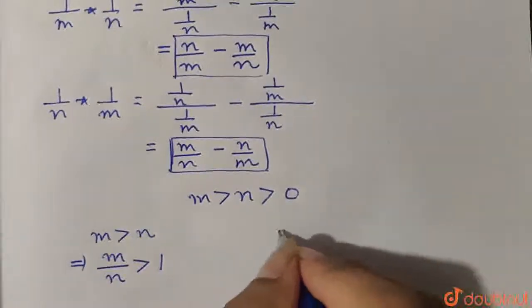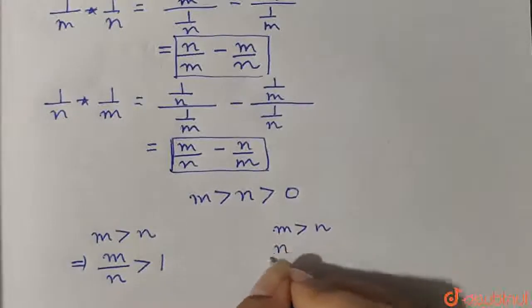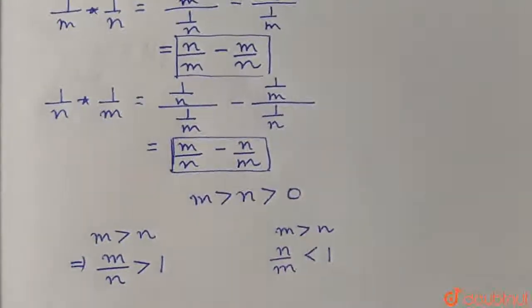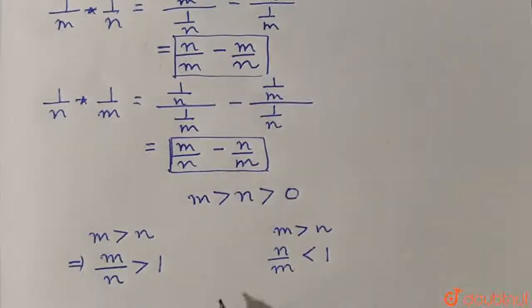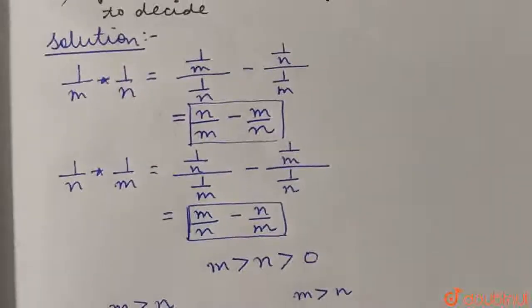And similarly, because M is greater than N, N upon M would be less than 1. Now using these two facts we can find out which of these quantities would be greater.